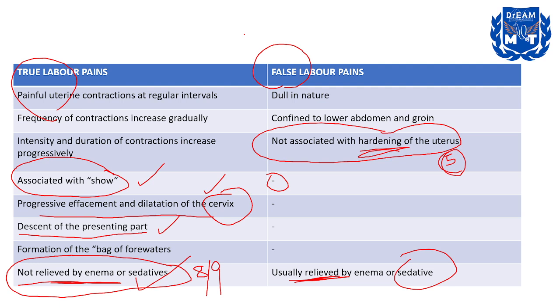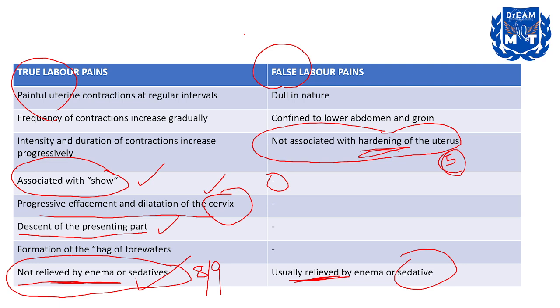Let me have a quick glance at true and false labor pains. In true labor pains, you will have frequently increasing uterine contractions, with increasing pain and intensity. But in false labor pains, there is no increase; it is limited to the lower abdomen or groin area, and very dull in nature.